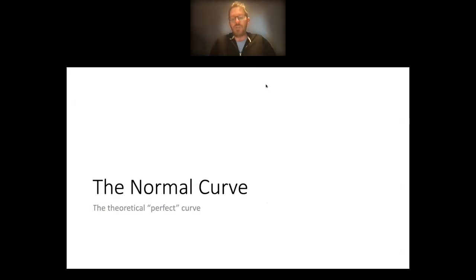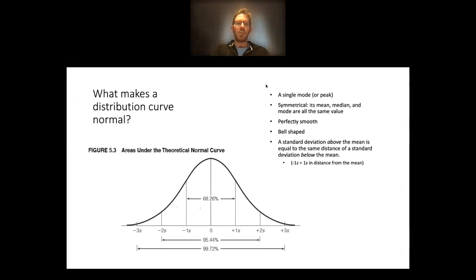So let's talk about the normal curve and why the standard deviation here is important. The normal curve is theoretical, but it describes a curve in which there is a single peak. So that means there's one mode. It is symmetrical. That means the mean, median, and mode are all the same number.